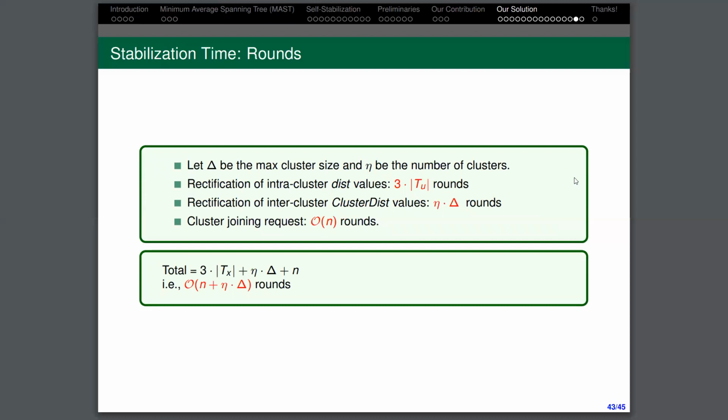The rectification of inter-cluster distance values takes a total of eta into delta rounds, and each new cluster joining request takes order of n rounds. If we total them up, we have 3|TU| plus delta eta plus n rounds, which is the same as order of n plus eta into delta rounds.